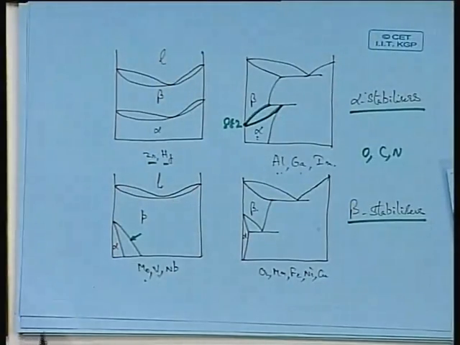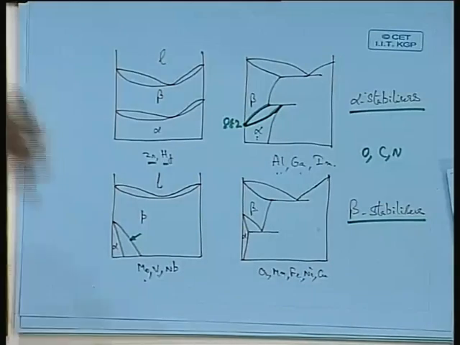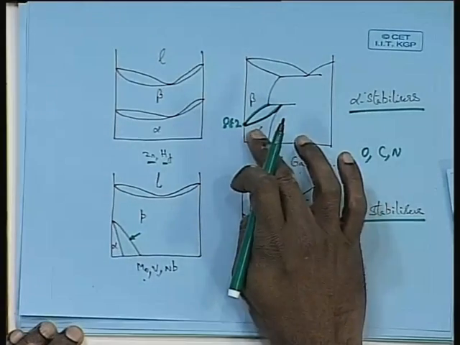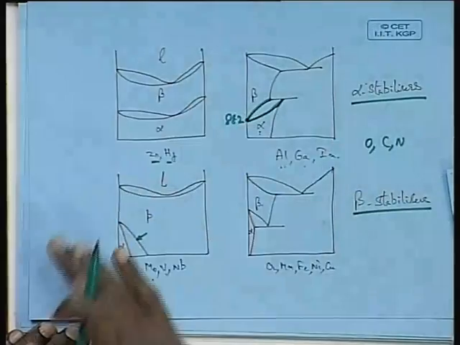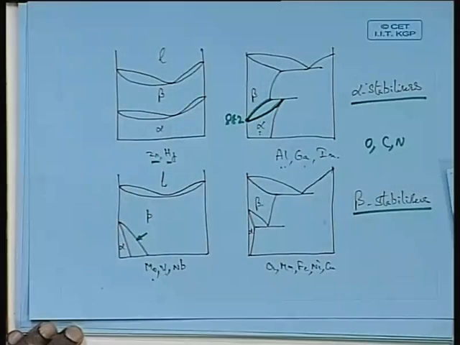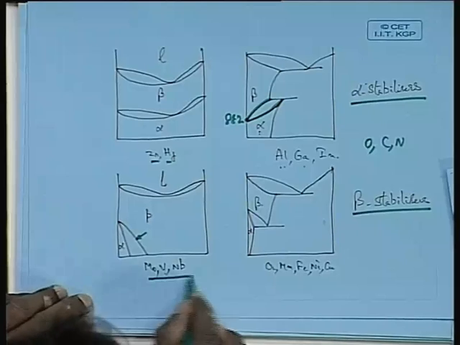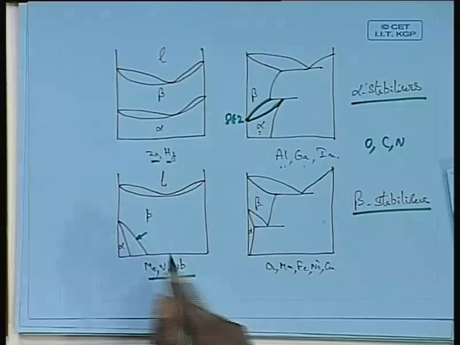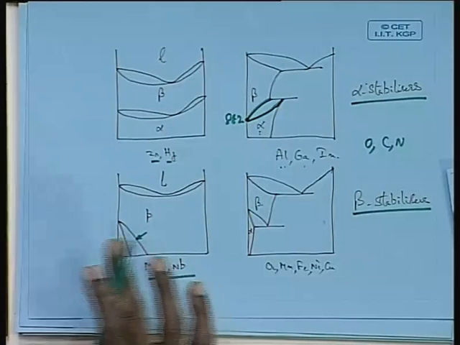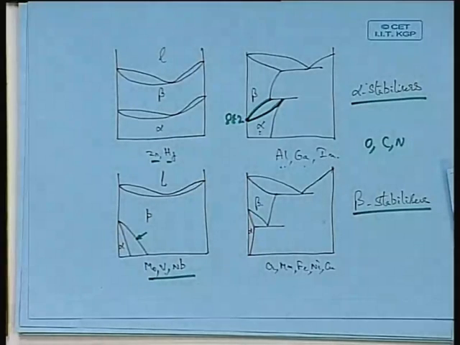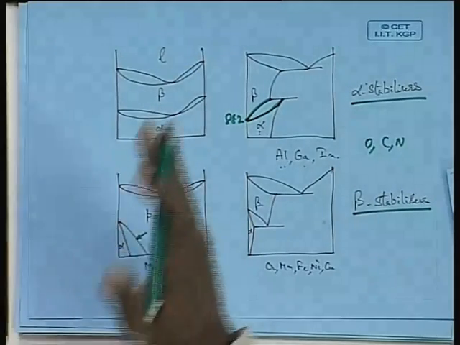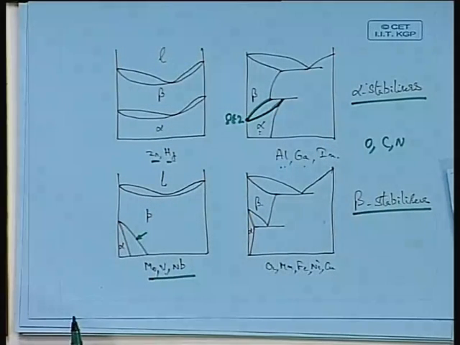So similarly here beta stabilizers can be added, where the beta to alpha transition temperature can be brought down. In the case of alpha stabilizer, the transition temperature is increasing. In the case of beta stabilizer, the transition temperature is decreasing, and elements such as molybdenum, vanadium, niobium give you this kind of phase diagram, where you have completely beta beyond a certain amount of molybdenum or vanadium or niobium.